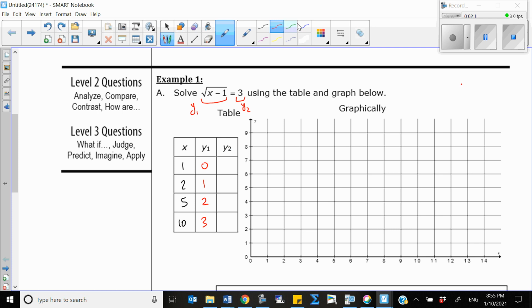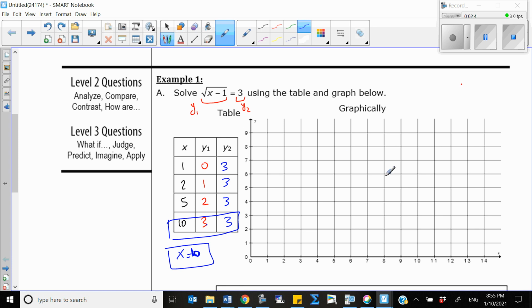And y2 was always equal to 3 because the equation is just y equal to 3. So the solution is this row over here because y1 and y2 are equal to each other. So I'm going to say x equal to 10 is the solution of this equation.